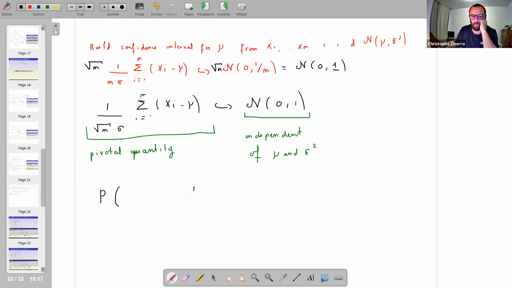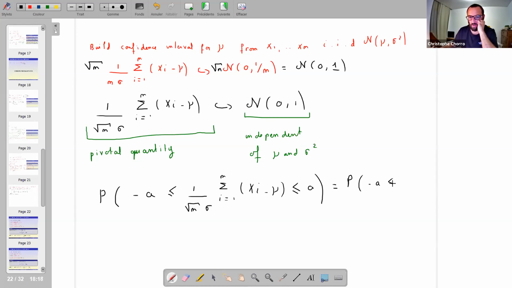The probability that 1 over n sigma sum from i equal to 1 to n of xi minus mu is greater than minus a, I can compute it as the probability that N(0,1) is between minus a and a.